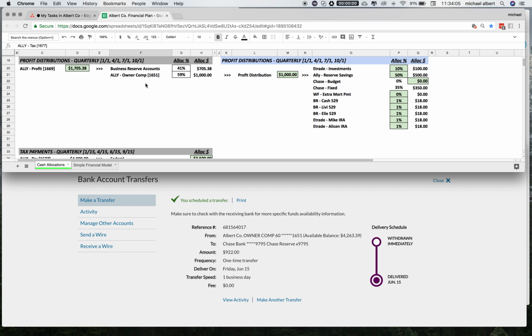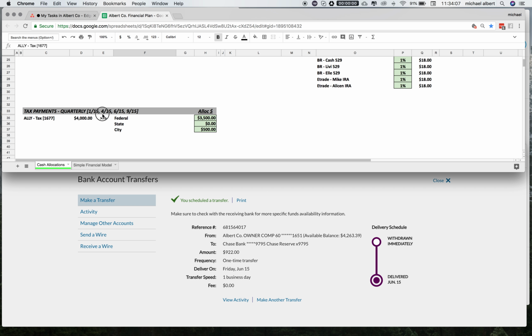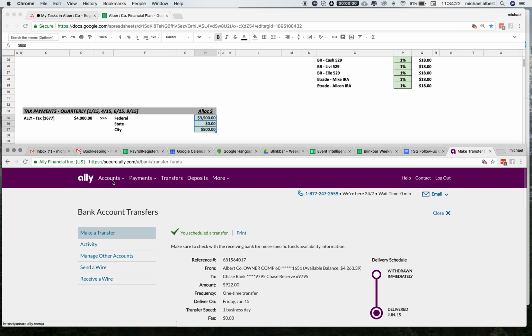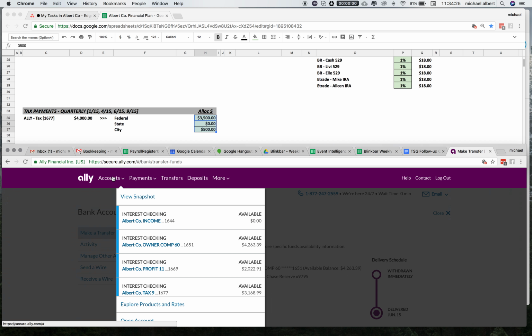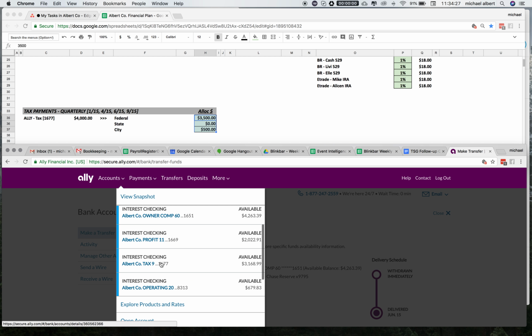Because this is a very short 2-month time period between April 15th and the 6/15, I don't have all of the cash in that account to make this $4,000 payment. I think if I look real quick, in my tax account I have 3,100.